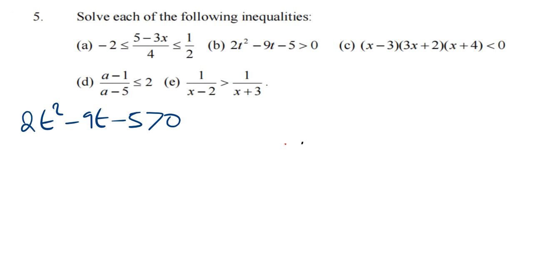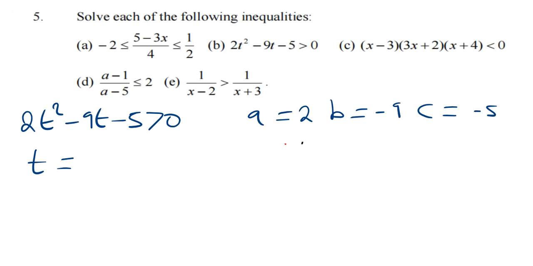Okay, they've already given us a quadratic, but this is a quadratic inequality. So in this case, since it's a quadratic, we're supposed to find the roots. So t will be equal to, what is our a, what is our b, what is our c. So our a is 2, our b is negative 9, our c is negative 5.